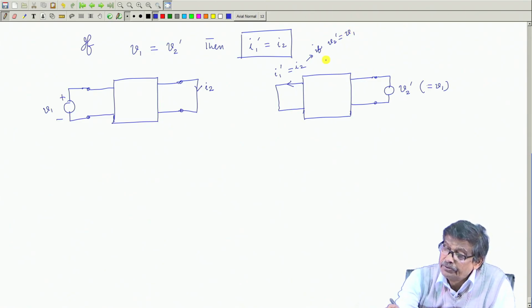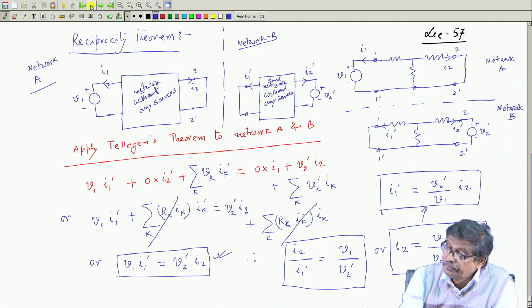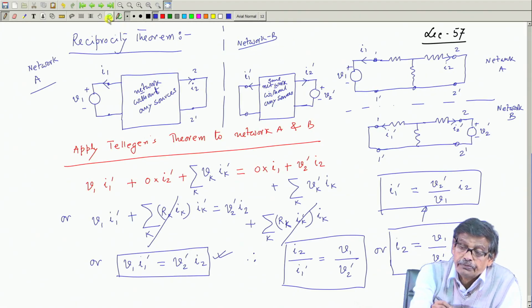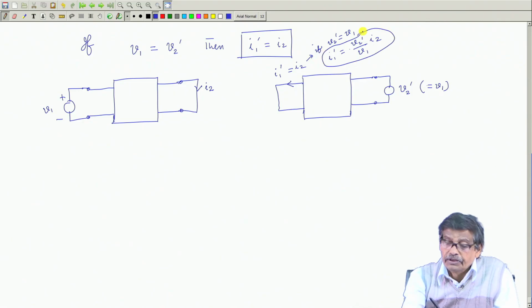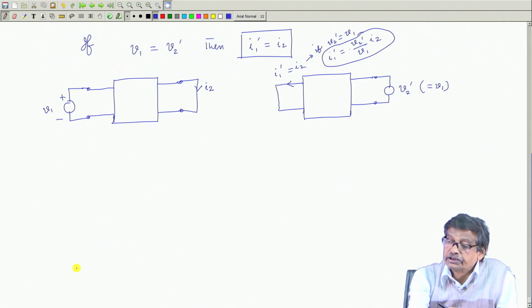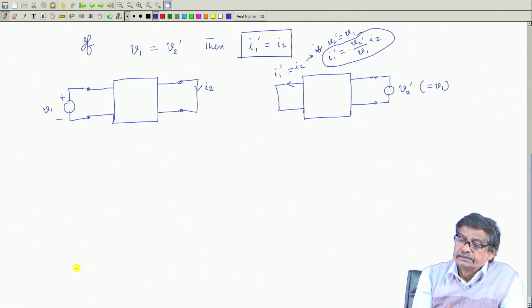Otherwise also I will be able to calculate this current: I1 dashed will be equal to V2 dashed by V1 into I2 in general. So, if you apply to this terminal a voltage 2 times, then this current will be 2 times I2, and this is called the reciprocity theorem.